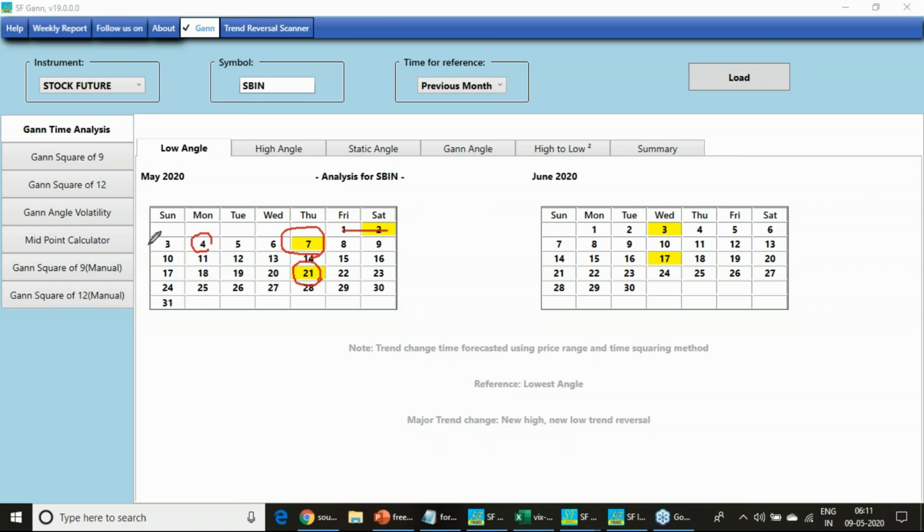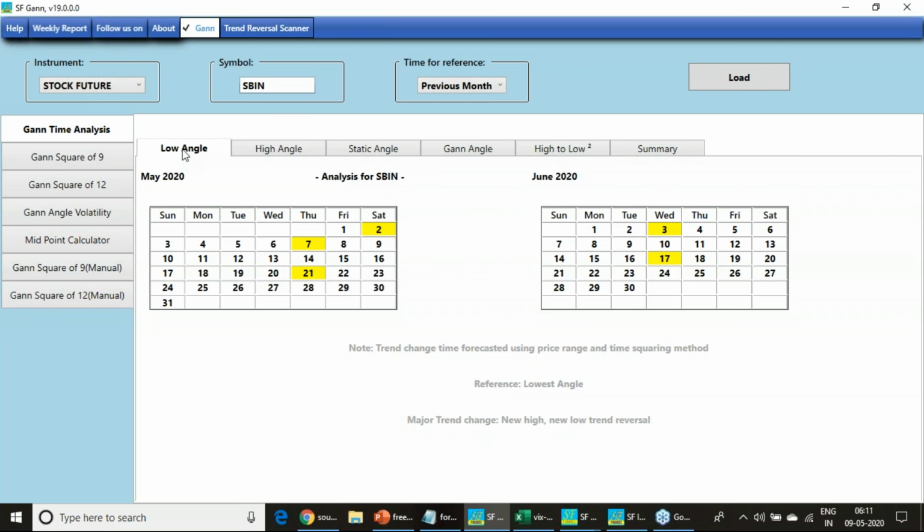First, second, third were holidays. So on the fourth, the trend reversal date, you can experience SBI. The 10th is also falling, so you can get the 10th and 19th as trend reversal dates. So SBI has 10th, 19th, 7th, 21st.